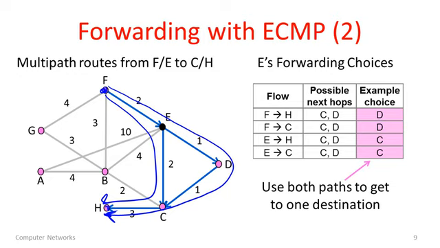In this way we have some consistency for the flows, but if we think about traffic that's heading towards C, we're actually using both of the next hops. We're using D and C. So traffic towards those destinations is utilizing multiple different paths through the network in parallel. And that's how we forward with ECMP. Now you know this slight generalization of the shortest paths we've seen before.